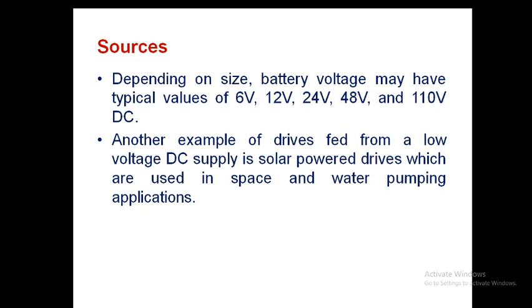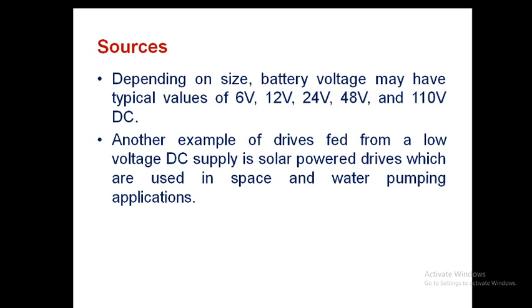Depending on the size of the battery or the size of the motor, the battery voltage may have typical values of 6 volts, 12 volts, 24 volts, 48 volts, and even 110 volts DC. That depends on the application or motor size. We need to choose the required battery size. We can connect either in series and parallel combinations to meet the load requirement.